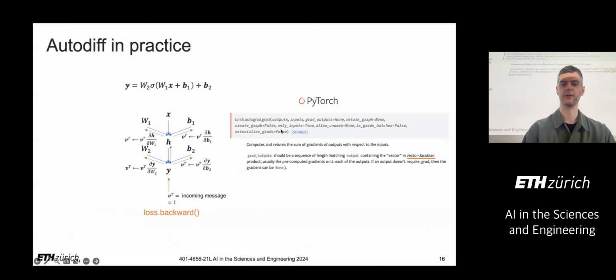But if you look at the documentation of PyTorch for torch.autograd.grad, you can see it's doing exactly what we've been talking about. It computes the vector Jacobian product of the output with respect to the input, and this grad_outputs here is just the vector that we're using in that computation. So hopefully you should fully understand how this function is working now.